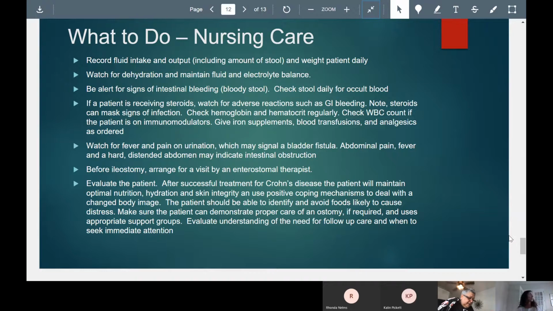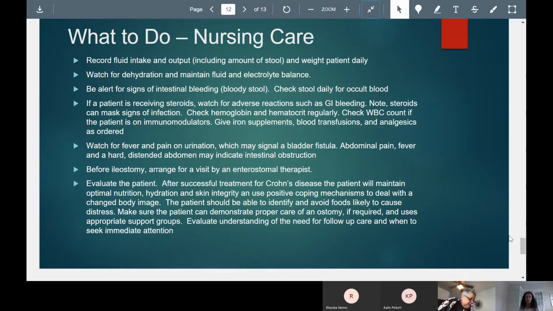Evaluate the patient. After successful treatment for Crohn's disease, the patient will maintain an optimal nutrition, hydration, and skin integrity, and use positive coping mechanisms to deal with a changed body image, as if they had to have an ileostomy.